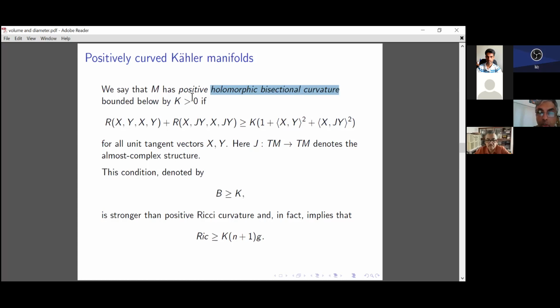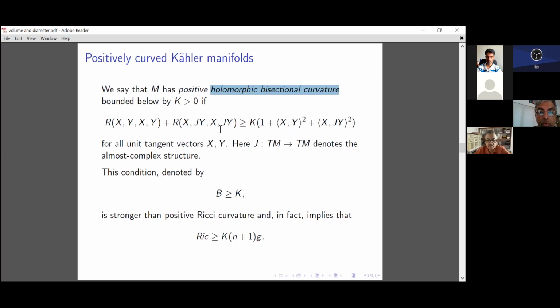So let me just state what this condition is. The condition is that for any unit tangent vectors x and y, R(x,x,y,y) plus R(x,Jx,y,Jy), where x and Jx are orthogonal, then each of these two terms will represent a sectional curvature.